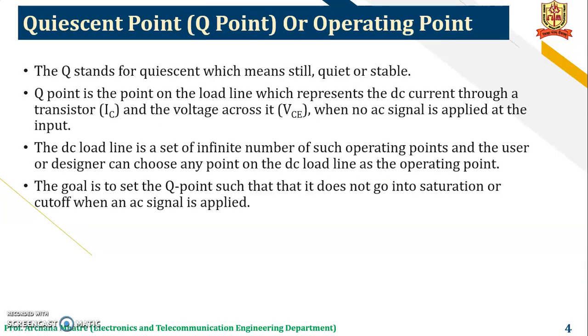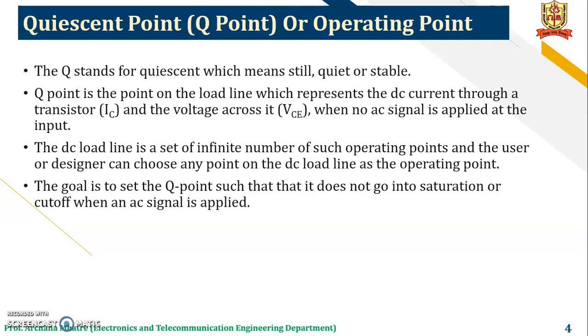Now next, Quiescent point or Q point, also called the operating point. The Q stands for quiescent, which means still, quiet or stable. Q point is the point on the load line which represents the DC current through the transistor, IC, and the voltage across it, that is VCE, when no AC signal is applied at the input.